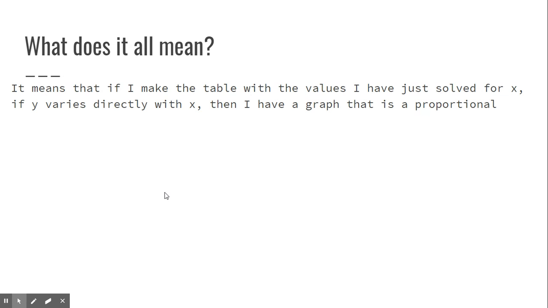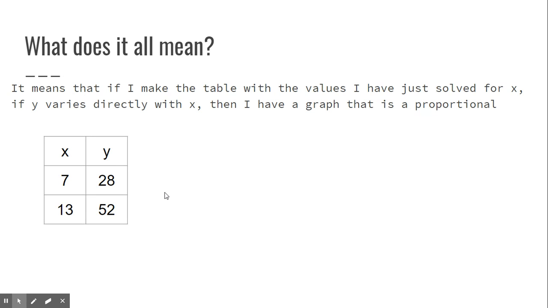All right, so it means that if I have a table with the values I have just solved for, the values that I have when I've just solved for x, if y varies directly with x, then I have a graph that is proportional. So you've already seen proportional graphs. So here's what this means.